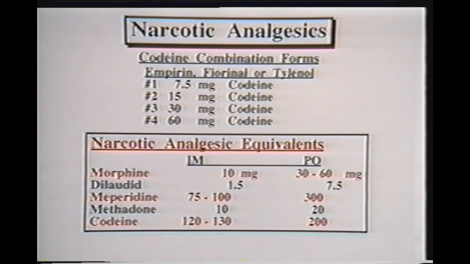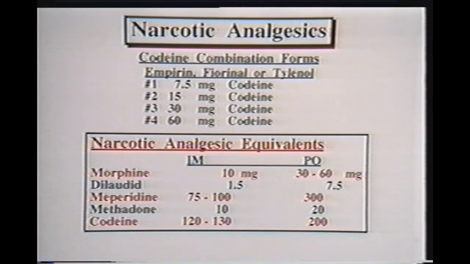You need to note, as you can see in the transparency here, that Tylenol number 3 contains Tylenol along with 30 milligrams of codeine. Each one of those doubles the one before it, so Tylenol number 4 is 60 milligrams of codeine. That's just an interesting fact for you to know.